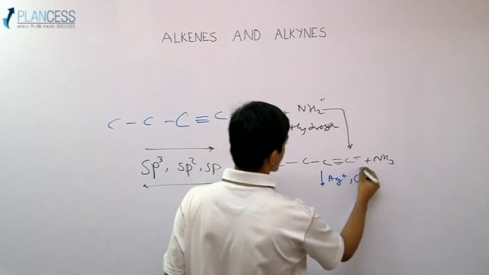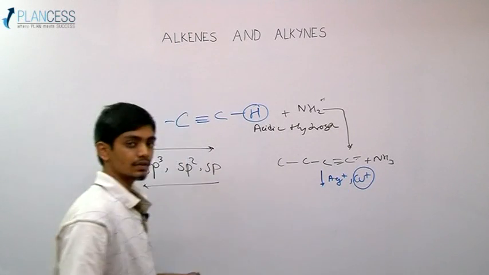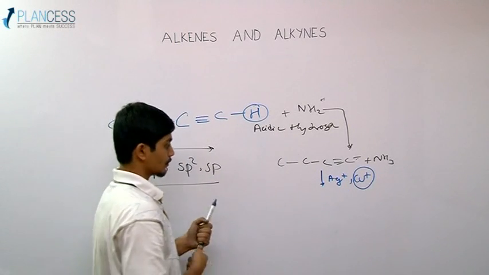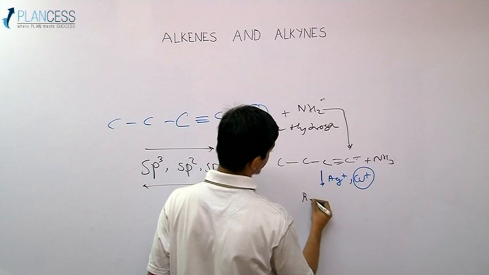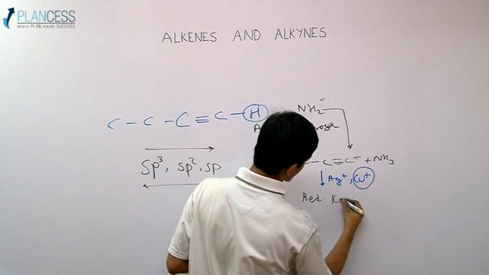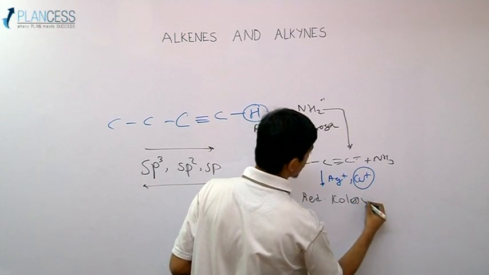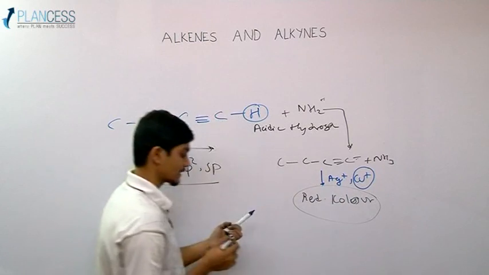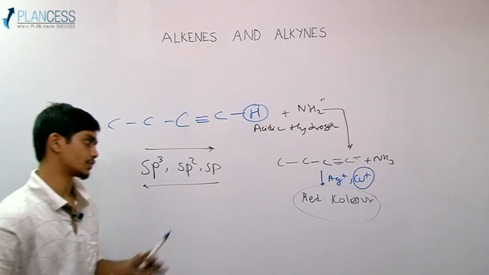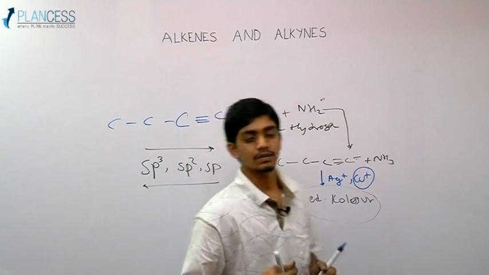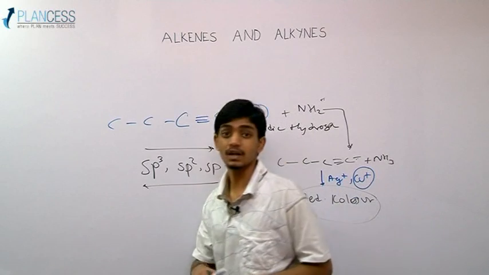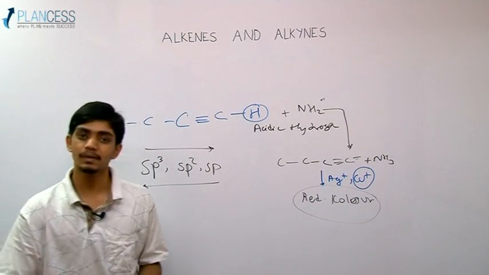And if you react with this Cu plus, then you get a precipitate which is red in color. A red precipitate you will get, and that can also act as a test for alkyne. Suppose you want to check whether the given compound has double bonds or triple bonds.